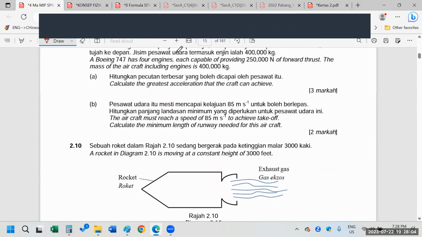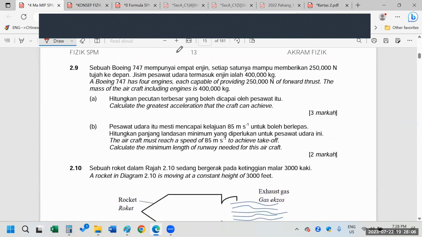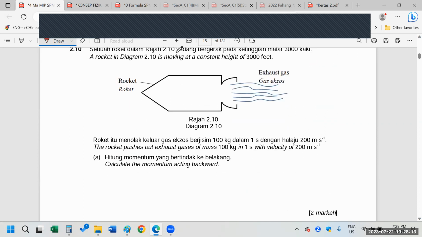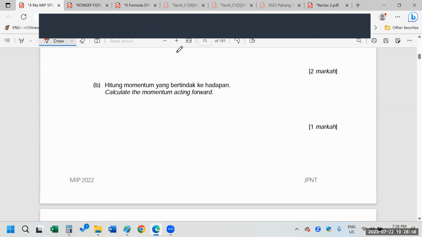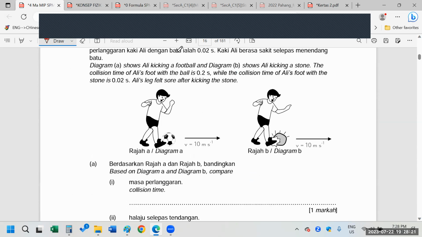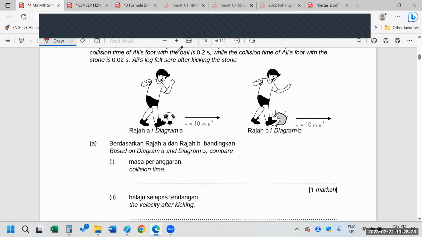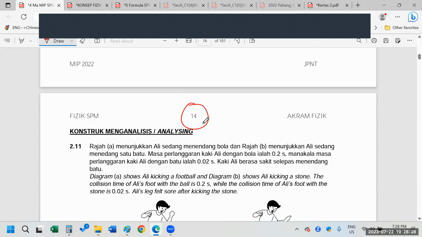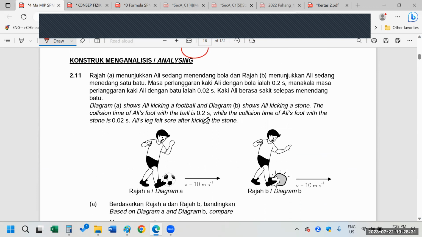Okay, so now we look at page 14. These questions are very common questions for compare.